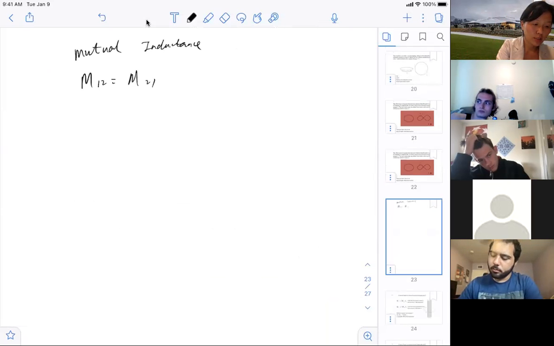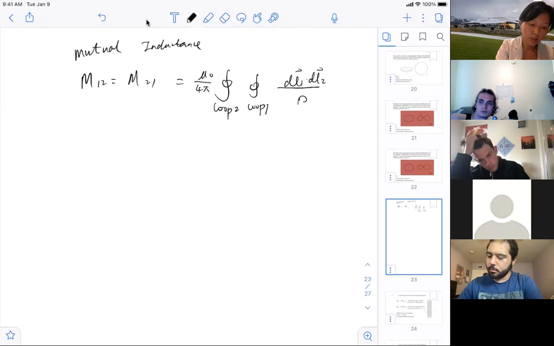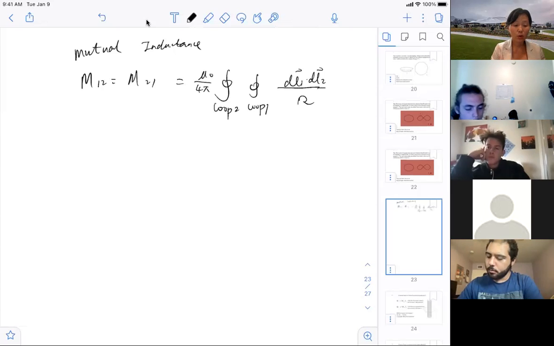Then the mutual inductance is equal to mu naught over 4 pi, the integral over the two loops, it doesn't matter which one goes first, dl1 dot dl2 over script r. Okay, so r is pointing from one of the segments in loop 1 to one of the segments in loop 2. So this is totally decided by geometry.